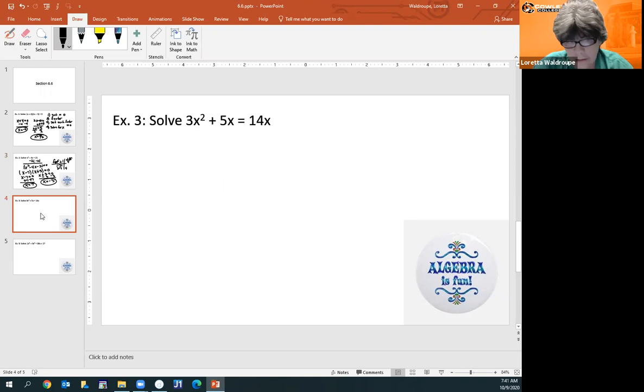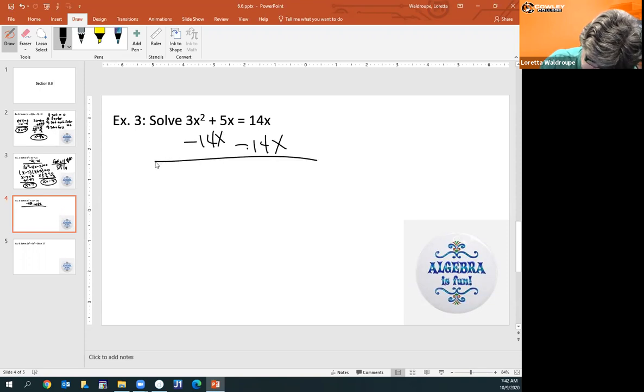Okay, again, this one is not set equal to 0 for us, so our first step will be to set it equal to 0. So I have 3x squared minus 9x equals 0.